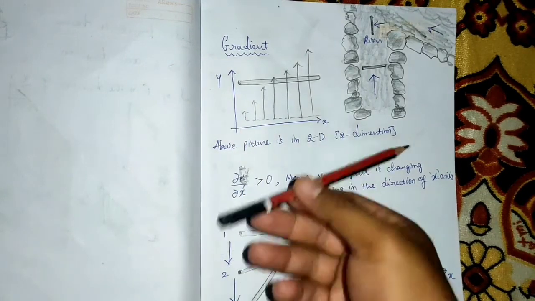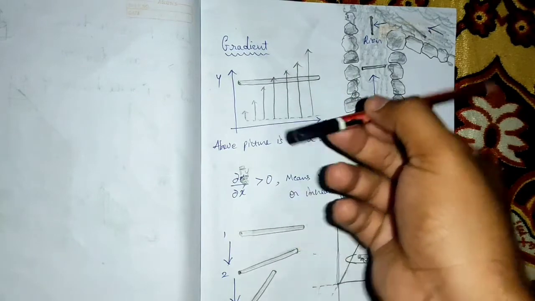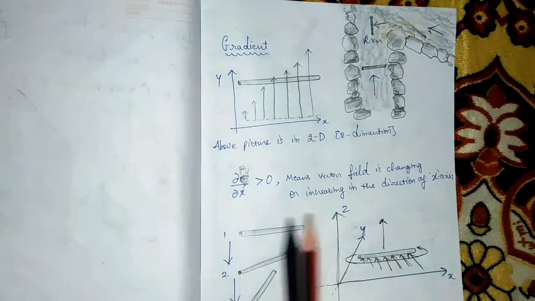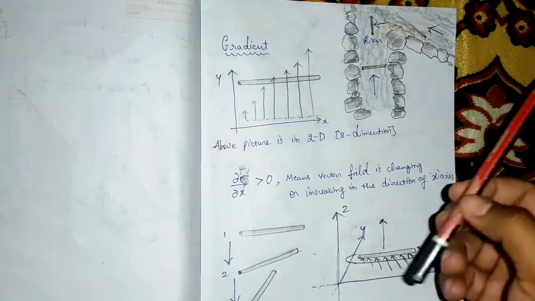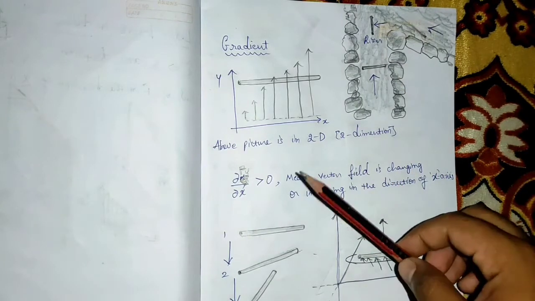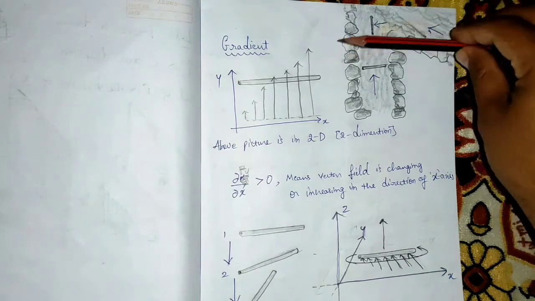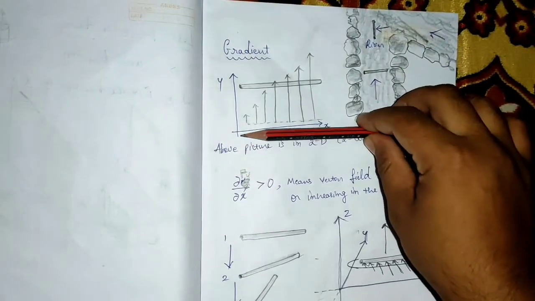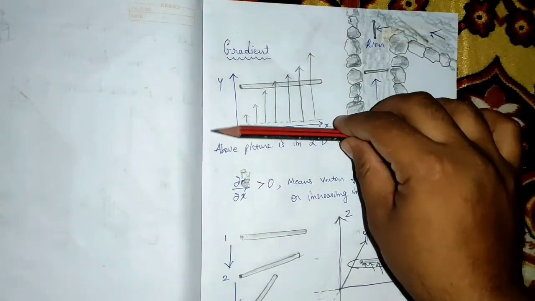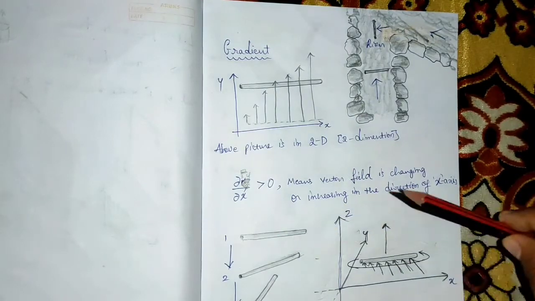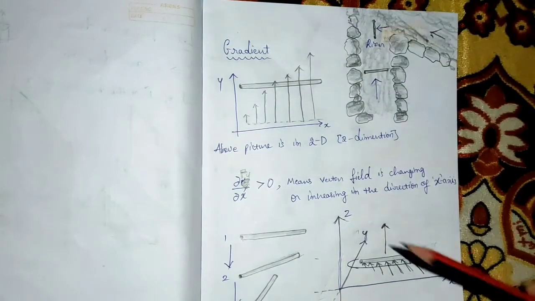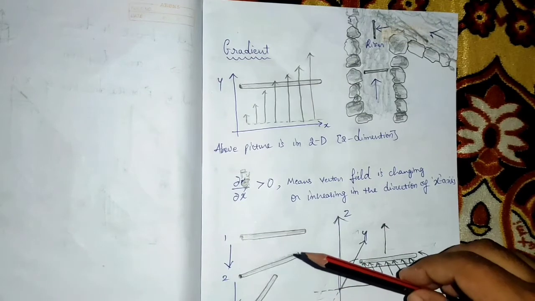So this gradient rotates the stick anti-clockwise by half, and there will be one more gradient, a force in this direction, which is nothing but a force in the negative direction of the x-axis, and the gradient should be in the positive direction of the y-axis.